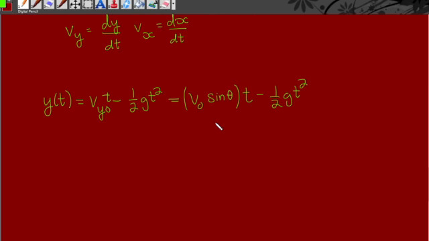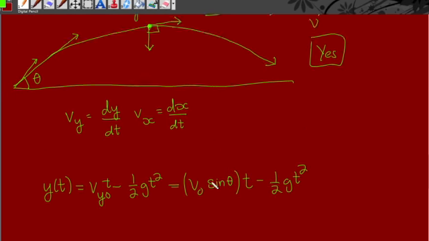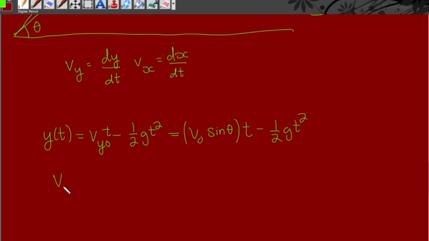We know that at the maximum height, the vertical velocity is 0. Using the first kinematic equation, the vertical velocity is equal to the initial velocity minus g times t, which can be written as v naught sine theta minus gt, and we set this equal to 0.